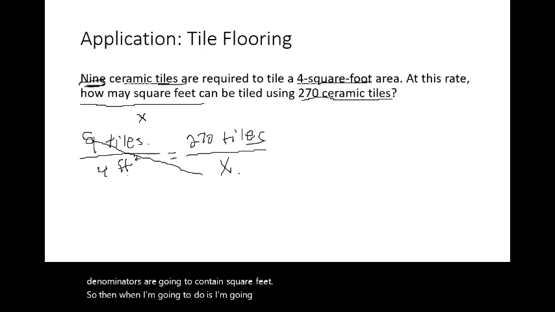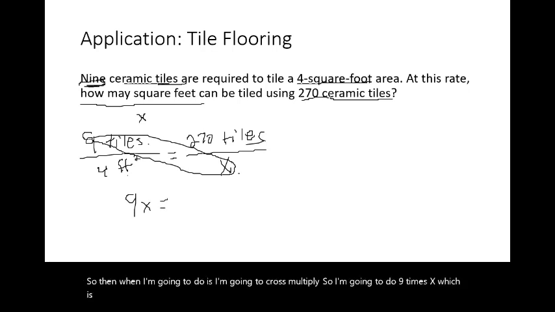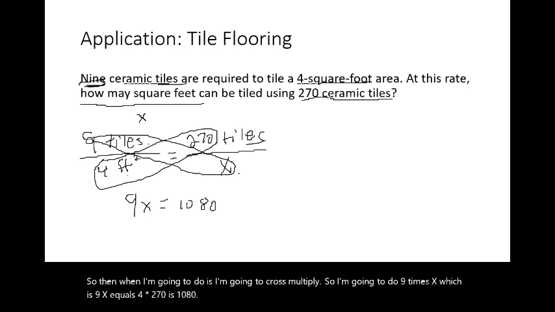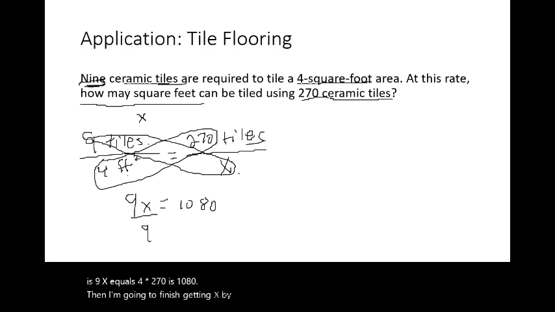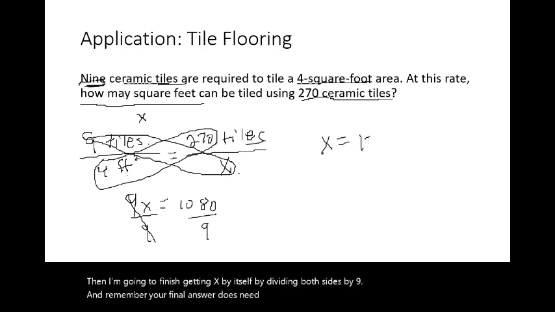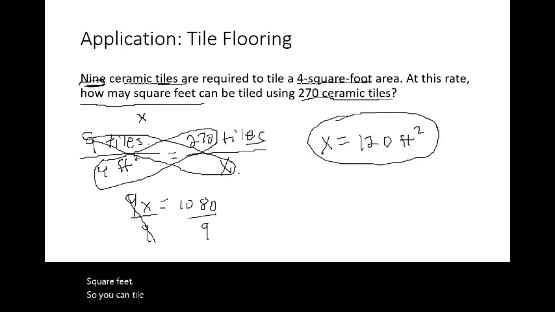I'm going to do 9 times x, which is 9x, equals 4 times 270, which is 1,080. Then I'm going to finish getting x by itself by dividing both sides by 9. And remember, your final answer does need units, so x equals 120 square feet. So you could tile 120 square feet with 270 tiles.